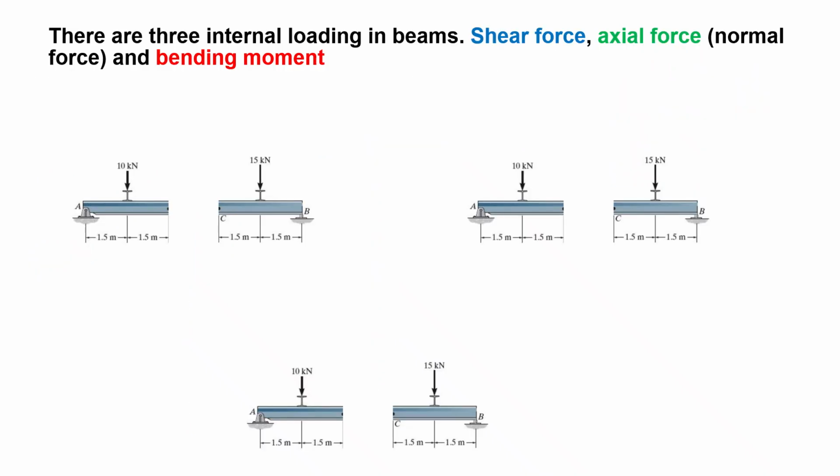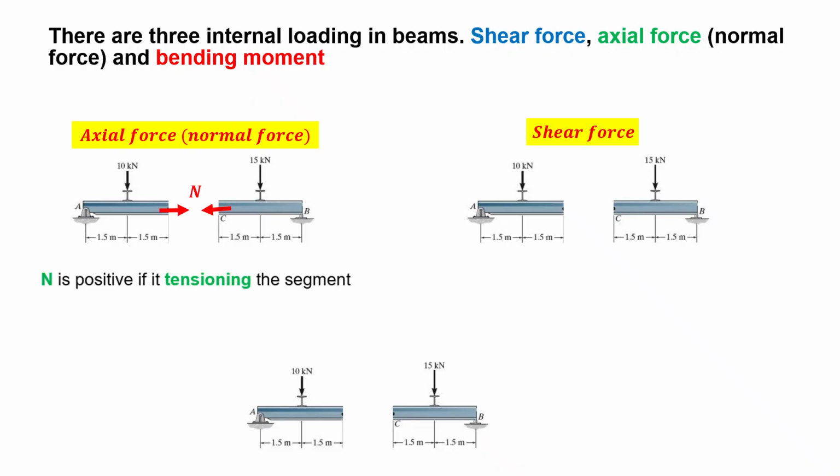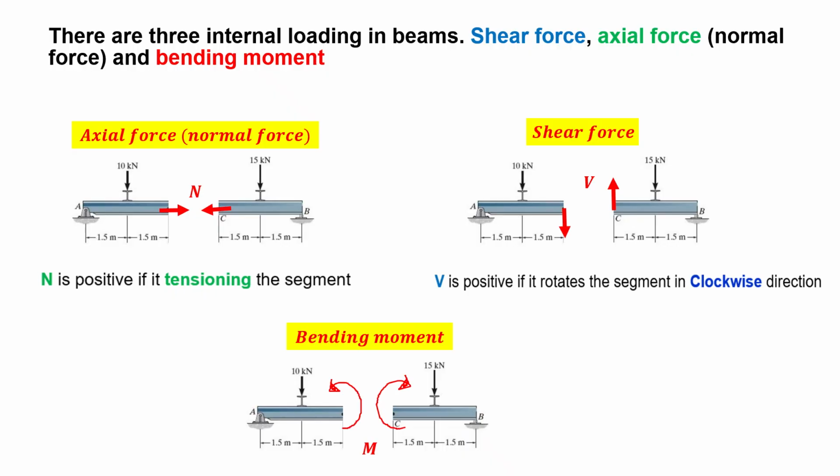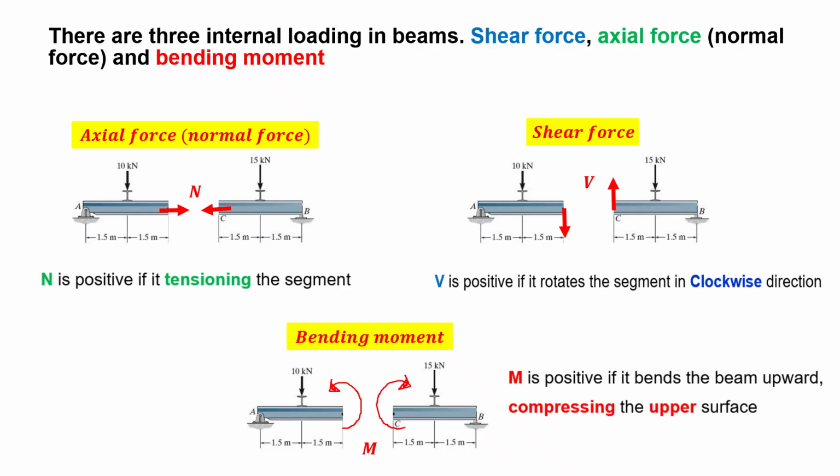When you cut a beam, you have to have axial force. Axial force is always tensioning, as I told you, and shear force is always turning the section in the clockwise direction, and the bending moment is in this direction. So it is making it compression in the upper.